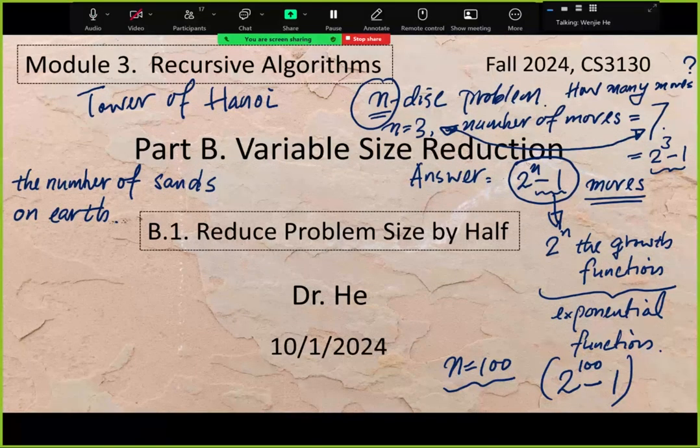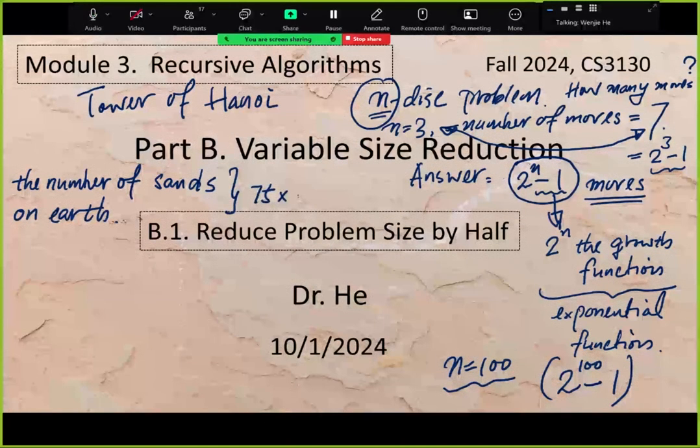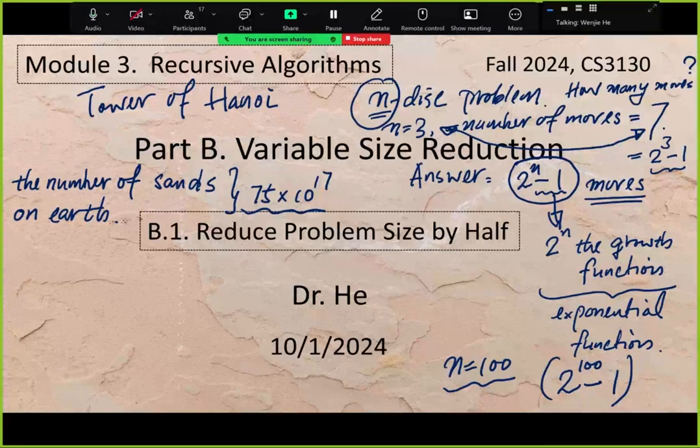How large is it? If you search the web, you can get this number. It says 75 times 10 to the 17th power. This number gives you the number of sands on Earth.